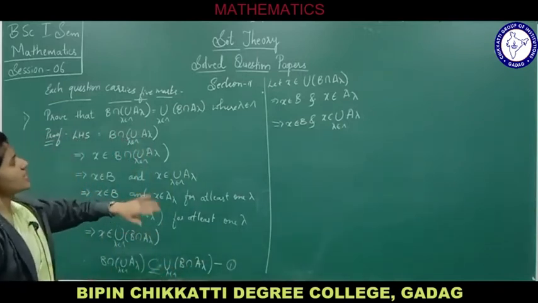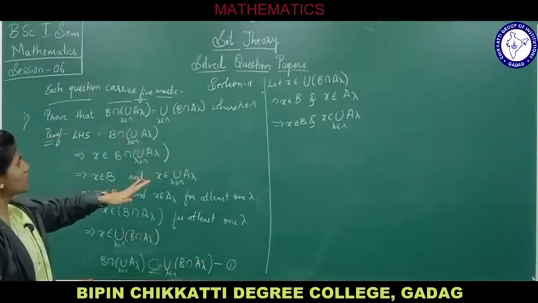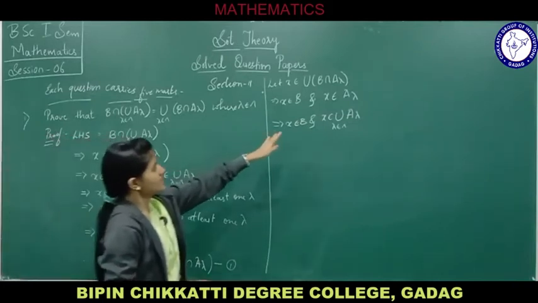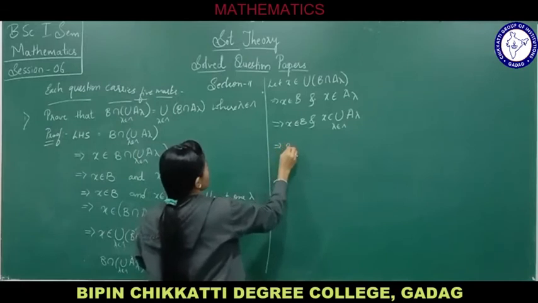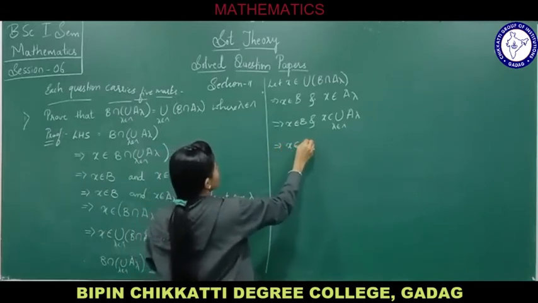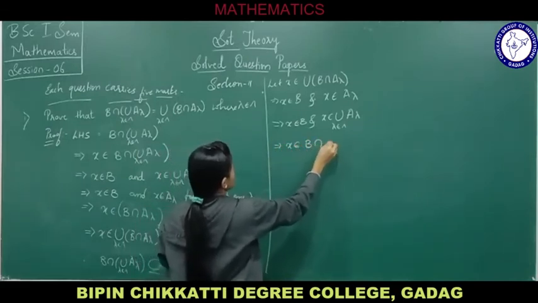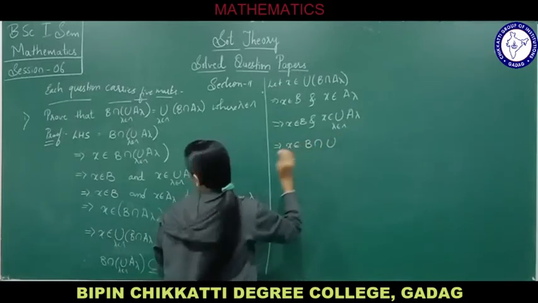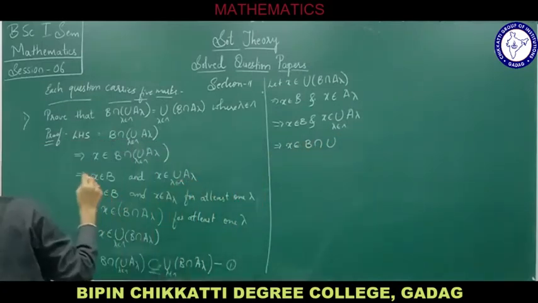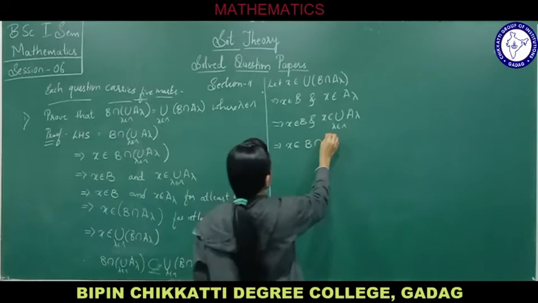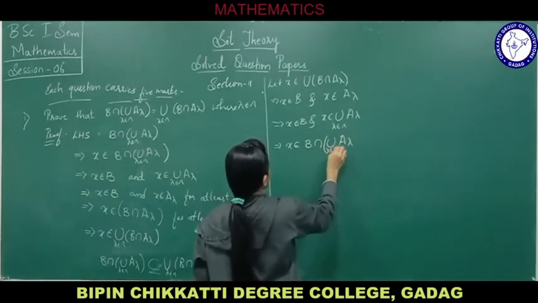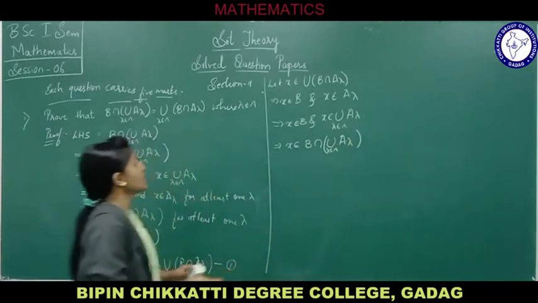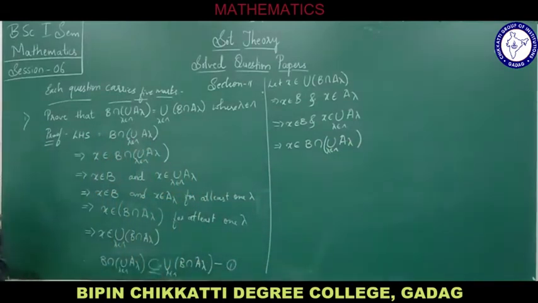It means x belongs to B, and instead of and we use intersection. This implies x belongs to B intersection union of A lambda, where lambda belongs to this index set.